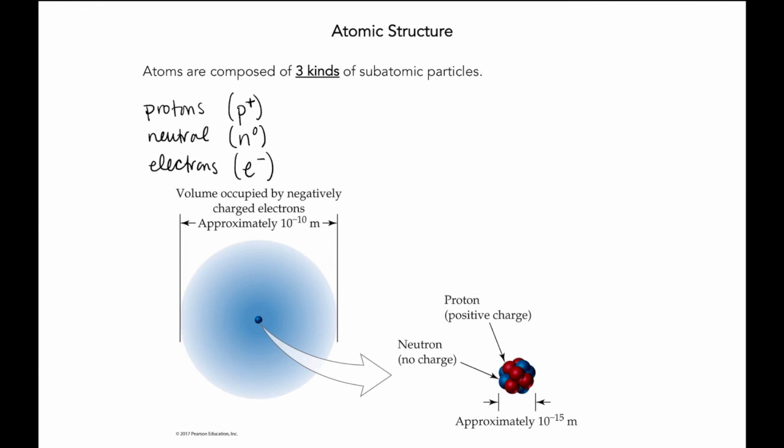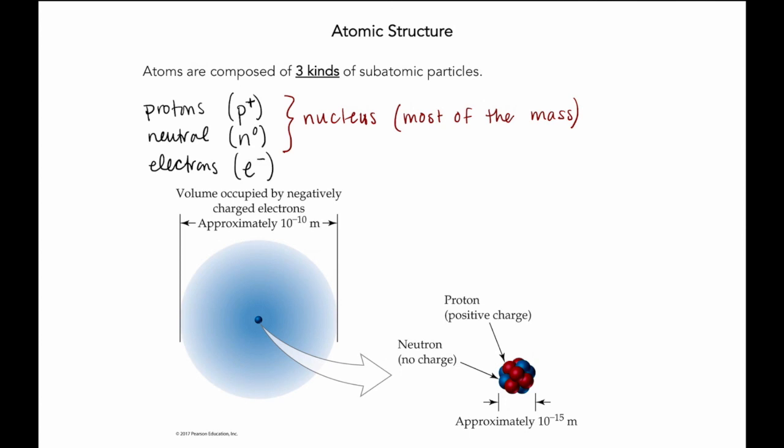So we have these three kinds of subatomic particles. Two of these types are found only in the nucleus. The nucleus is the very center of the atom, and it is very, very dense. Most of the mass of the atom is found in the nucleus, and then we have electrons around the outside.